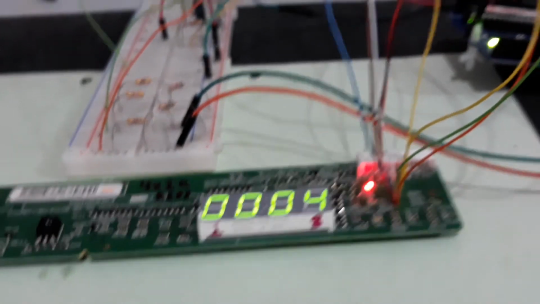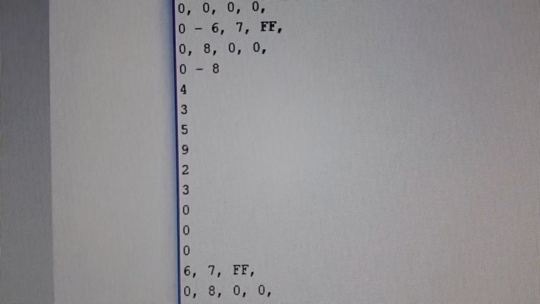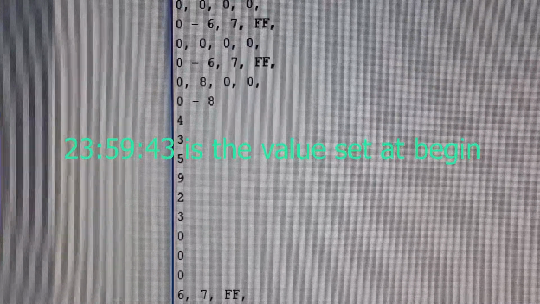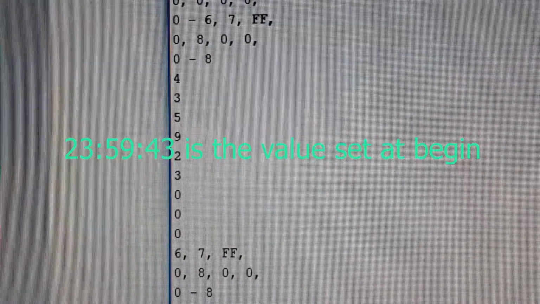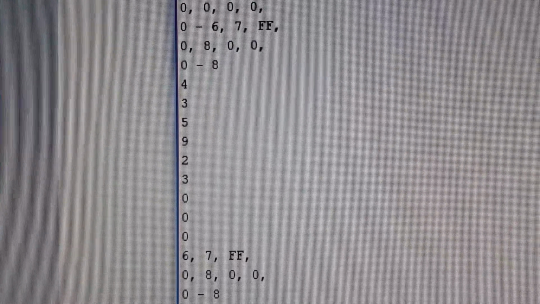Okay. In this case, the time present is 4 minutes, and if you look here, you have the 43 seconds, 59 minutes, and 23 hours, because it's the setting I have sent to the IC. Okay.